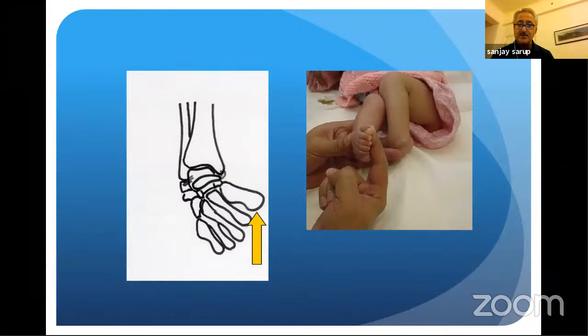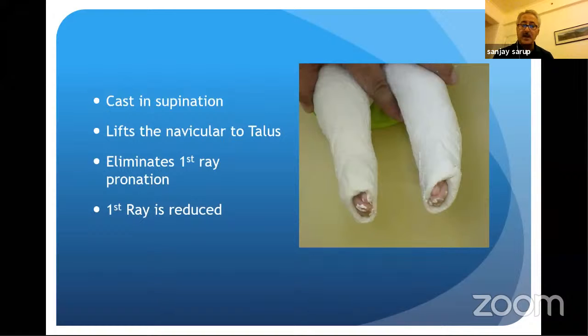You can see the same picture from below. You supinate the forefoot, you lift the first ray up and supinate the forefoot so that you bring into alignment the first ray, the medial cuneiform, the navicular, and the talar head. Right? And the cast is also applied in supination. So it eliminates first ray pronation, it resolves the cavus, and the first ray is reduced.